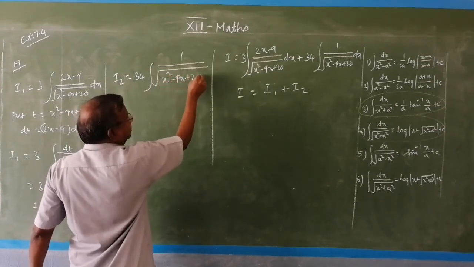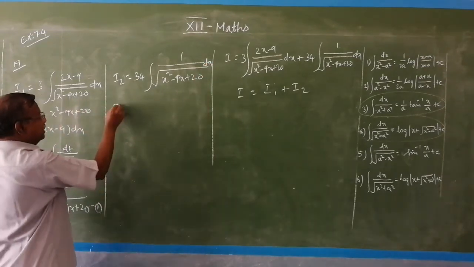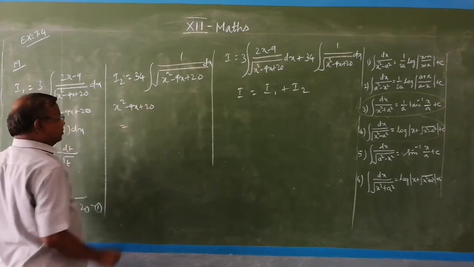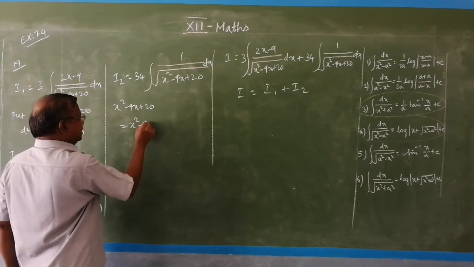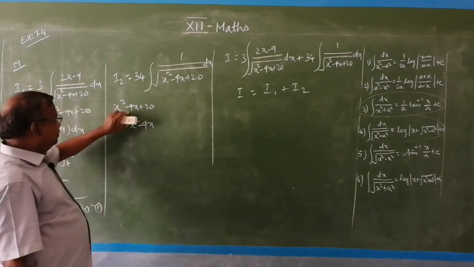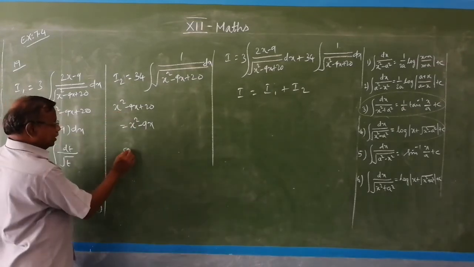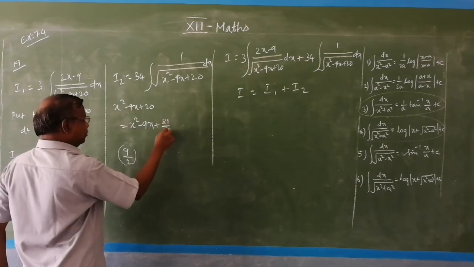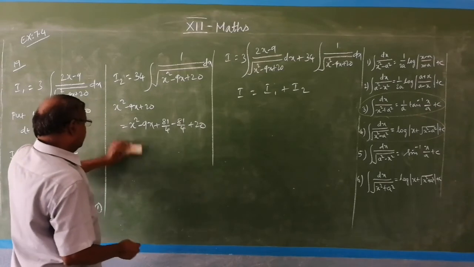And the second integral I2 equal to 34 into integral of 1 by root of x square minus 9x plus 20 into dx. Now, consider x square minus 9x plus 20, which is equal to x square minus 9x, and half of 9 is 9 by 2, so squaring 9 by 2, we have plus 81 by 4 minus 81 by 4 plus 20.